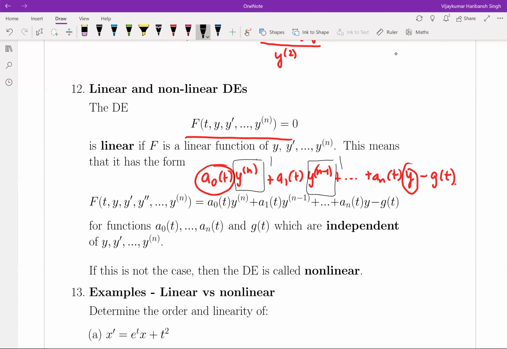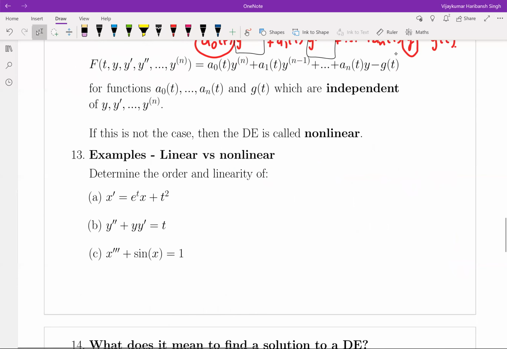So let's do the classification. x prime equals e to the power t x plus t squared. Let's see, is it a first order linear differential equation? So t is the independent variable, x is the dependent variable. So look at x prime. If I arrange everything on one side, I can bring it as x prime minus e^t x minus t squared.